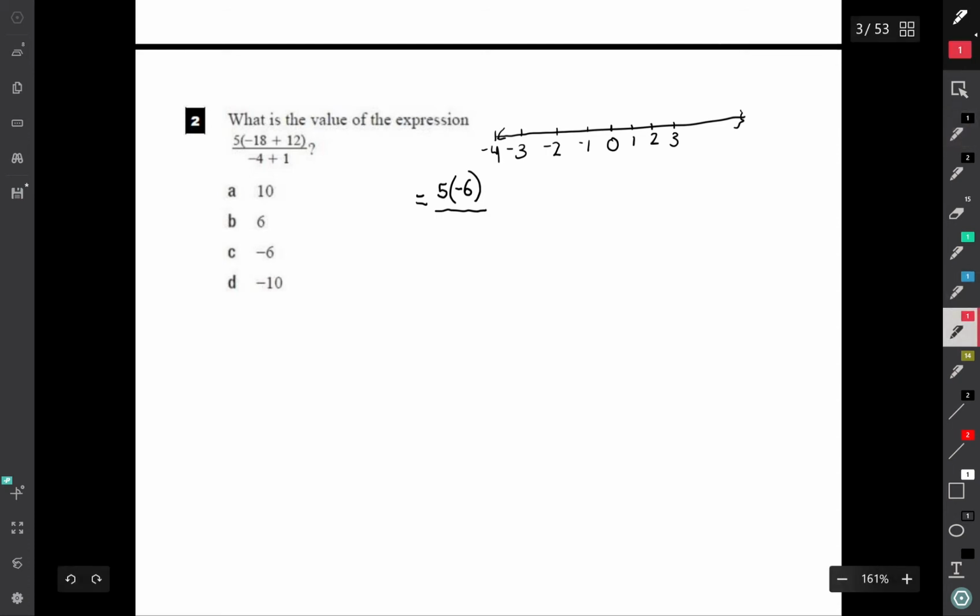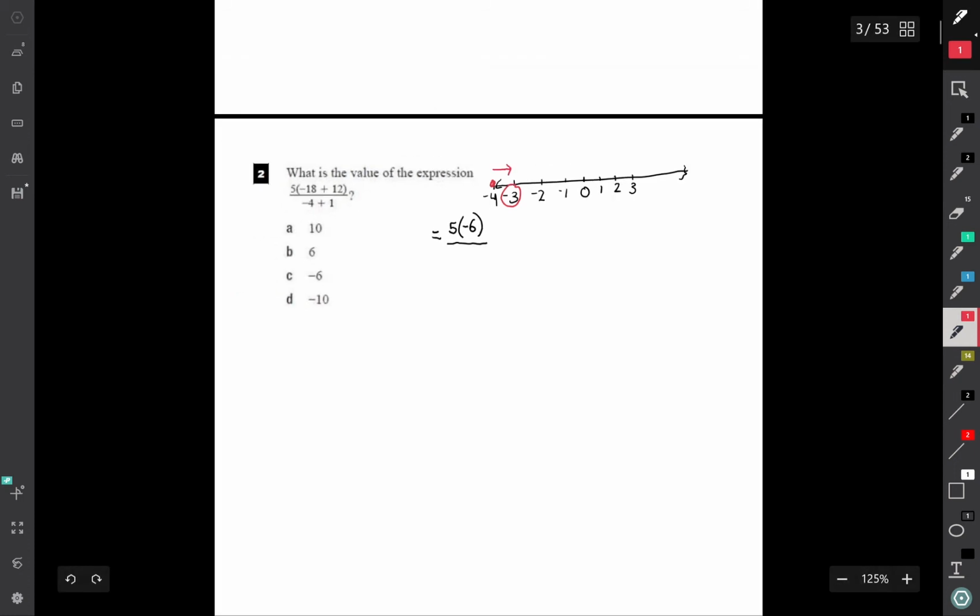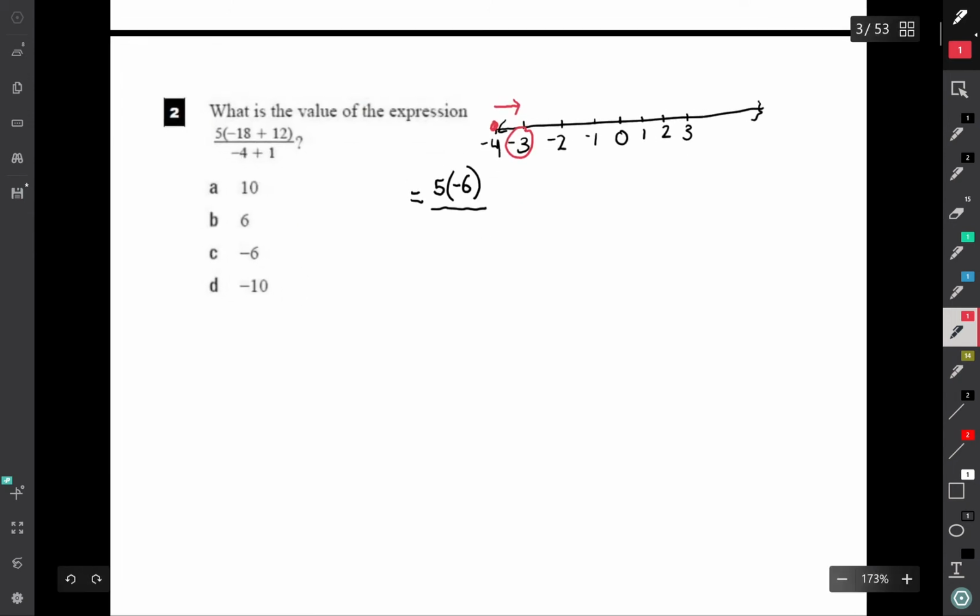If I'm starting at -4 and I'm adding 1, remember, I'm going this direction, so I end up at -3. That's just a little reminder. So we'll leave -3 down here.